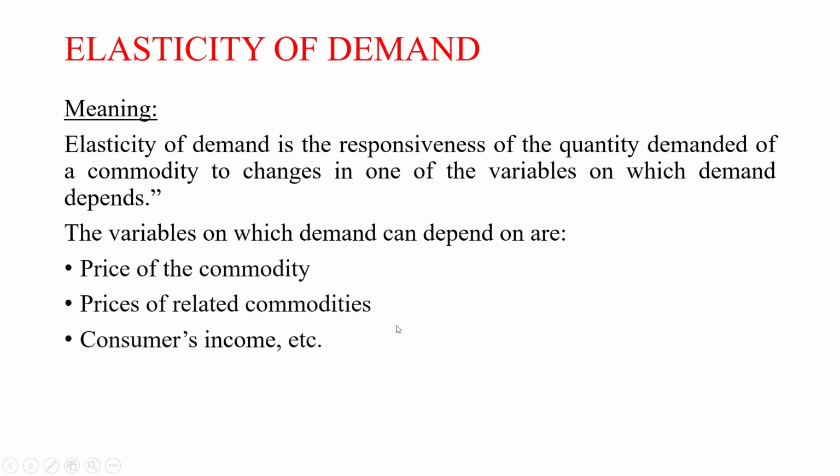But in the law of demand, we had only the price changes with the demand. In case of elasticity of demand, we will see how the demand of a particular product changes. It will depend on the three variables, and we will study these three variables in the next slides.